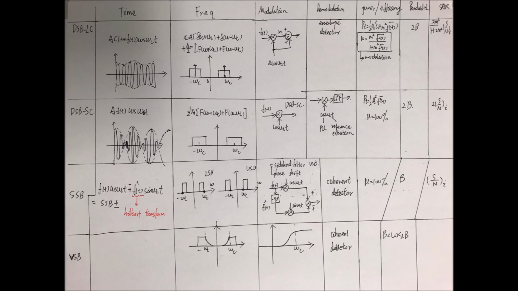Okay. So here, we know bandwidth is important, right? Bandwidth is expensive, so 2B, we still want to improve it. This is the motivation for the next member.